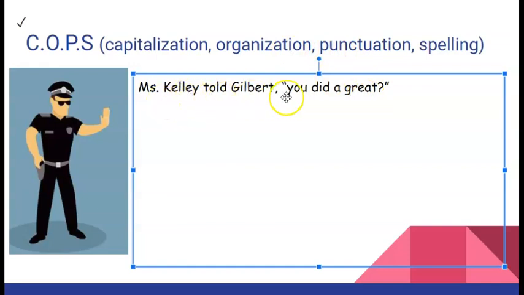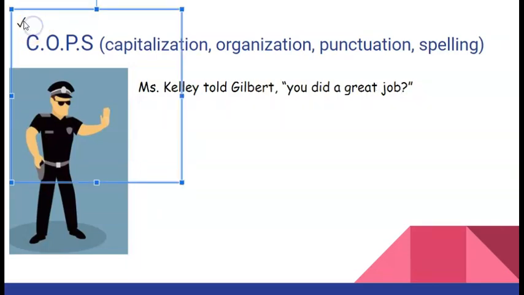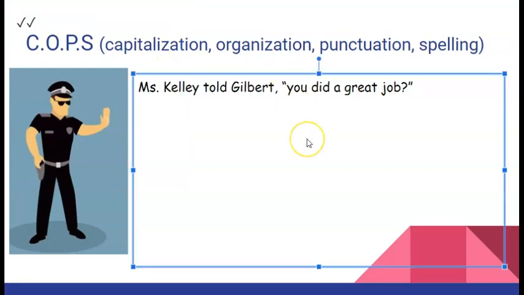Miss Kelly told Gilbert, you did a great. You know, I forgot to put something at the end to make sense. Miss Kelly told Gilbert, you did a great job. Let me see if that makes sense. Miss Kelly told Gilbert, you did a great job. Yeah, that makes sense now. Okay. So I know I can add another check for O. I got my organization done.